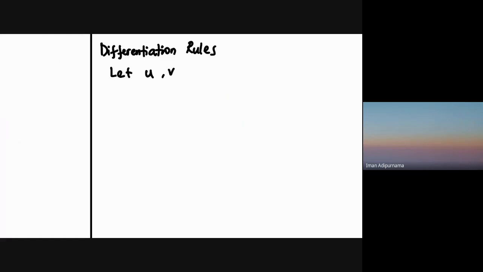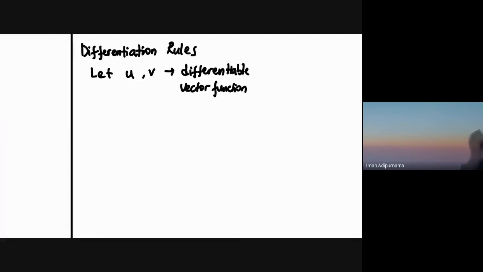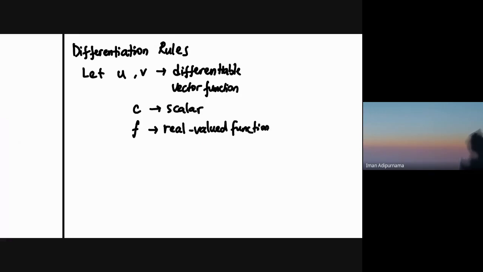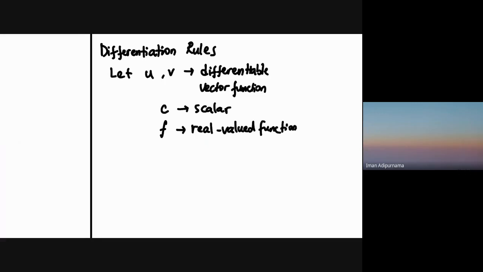So let u and v be differentiable vector functions, and c is a scalar, and f is a real-valued function. We have vector functions u and vector functions v.